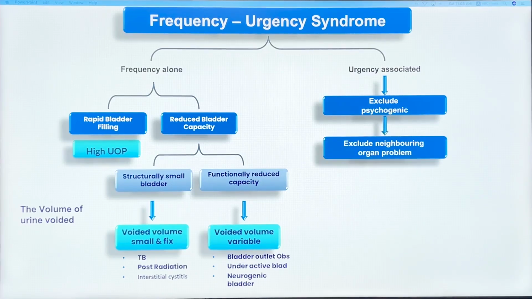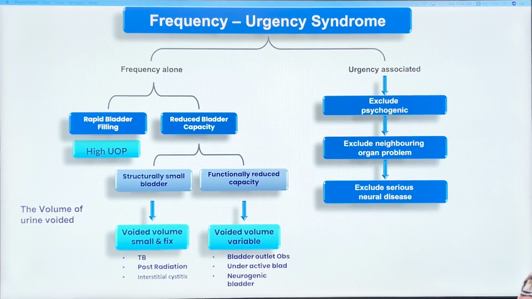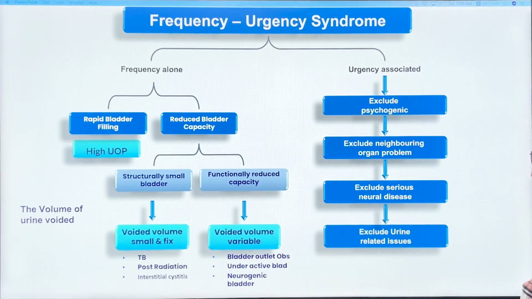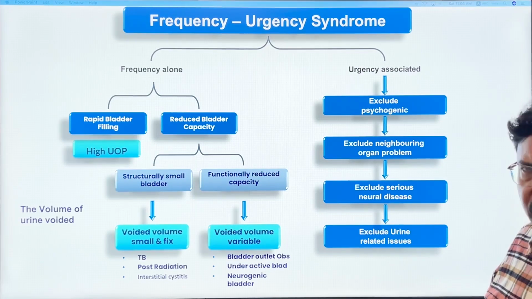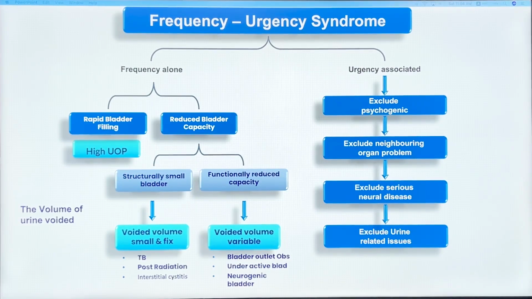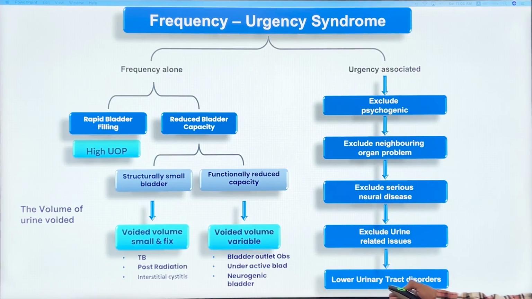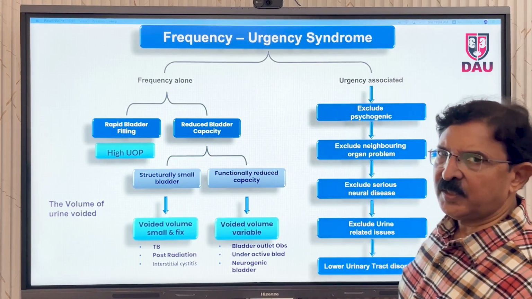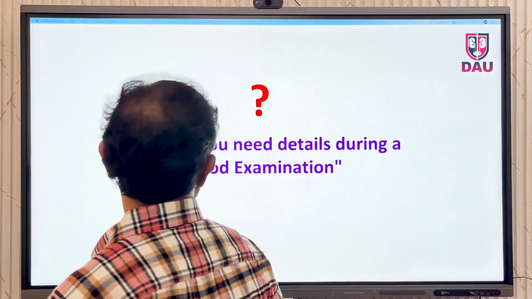Exclude psychogenic causes, exclude neighboring organ problems like cervicitis, vaginitis, or chronic constipation. Exclude serious neural disease like Parkinsonism or stroke in the past. Exclude urine related issues. And then exclude lower urinary tract disorders, cancer of the bladder, stone in the bladder, and things like that. So this is how a frequency urgency syndrome has to be approached.